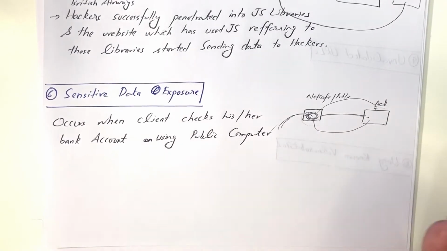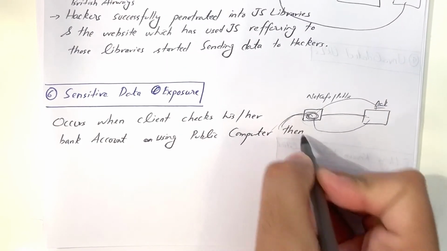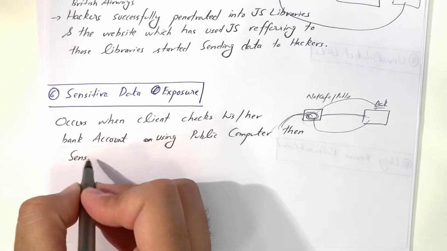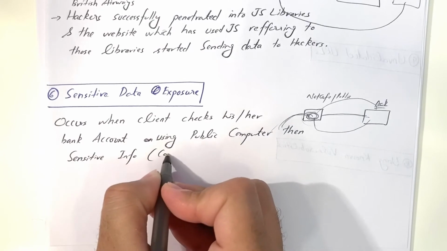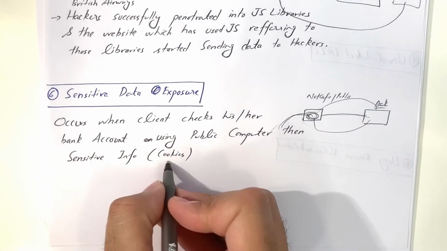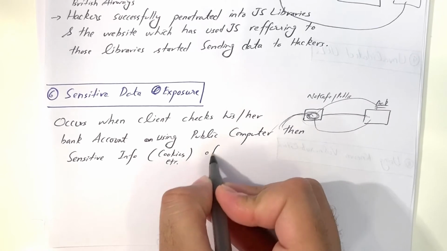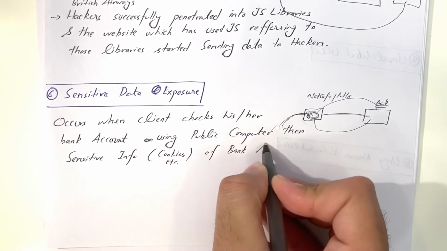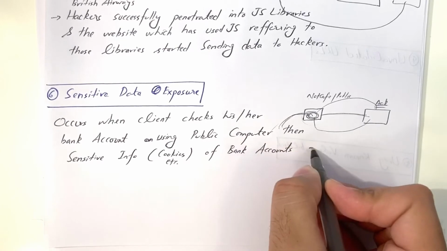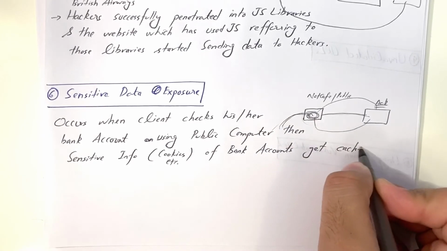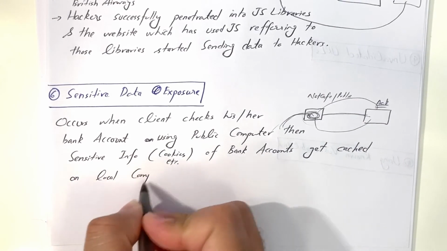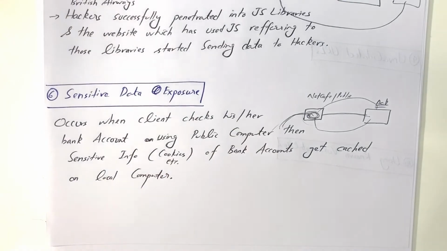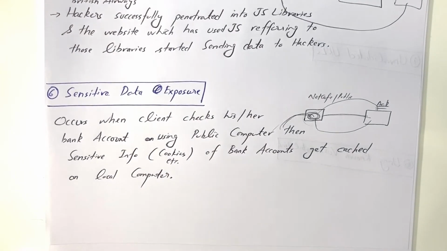Then sensitive info, for example cookies, session cookies especially, of bank accounts gets cached on the local computer, which an attacker can misuse. The attacker can actually pull it by using forensics tools, in fact.